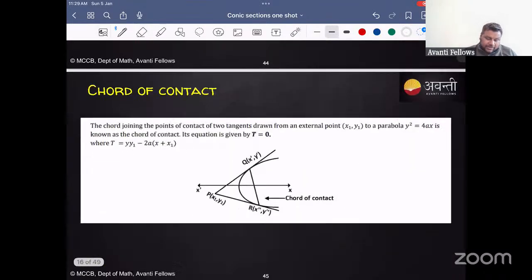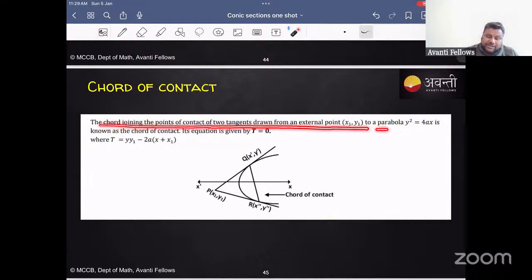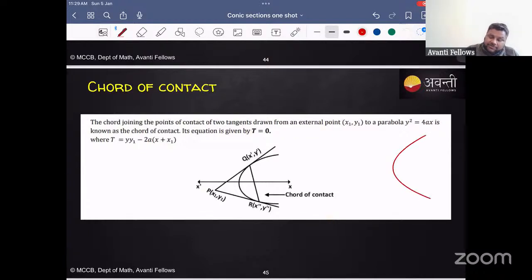Now, chord of contact. First of all, what is chord of contact? The chord joining the points of contact of two tangents drawn from an external point (x1, y1) to the parabola is known as the chord of contact. That means if this is a parabola, there is a point externally, say this is the point P. You draw two tangents from P to this parabola, one is this and the other is this.